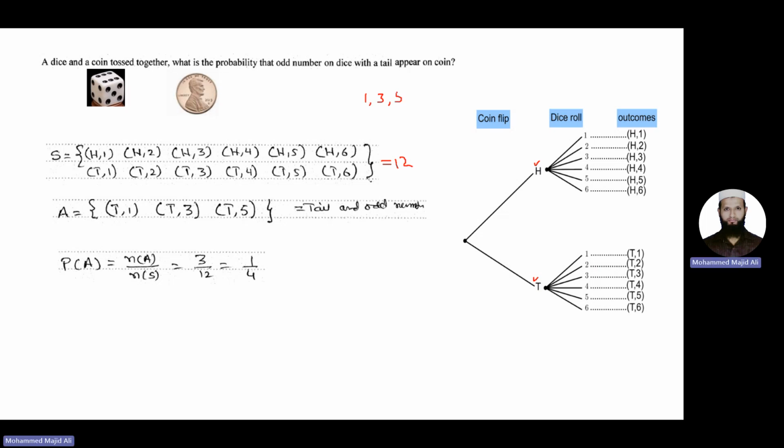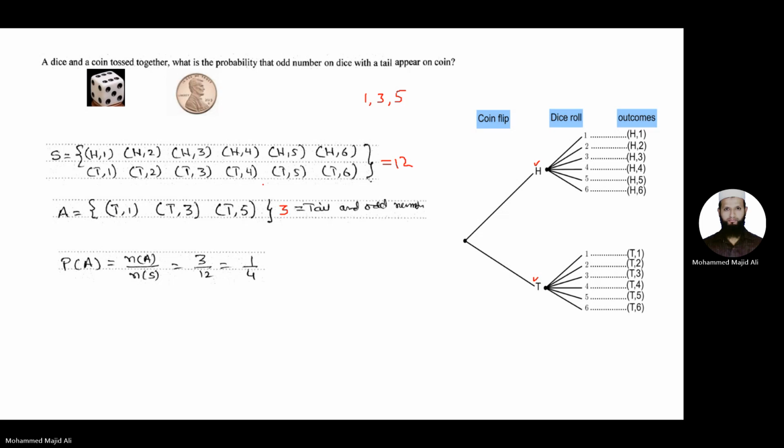Along with these odd numbers, you have to get a tail. What are the possible outcomes? Tail and 1, tail and 3, tail and 5. So these are 3 possibilities where you can get an odd number on the dice and a tail on the coin.